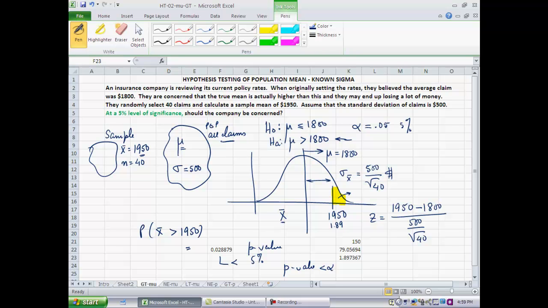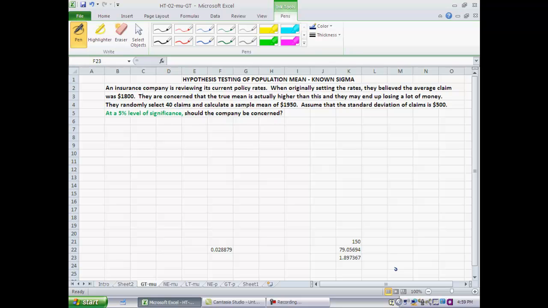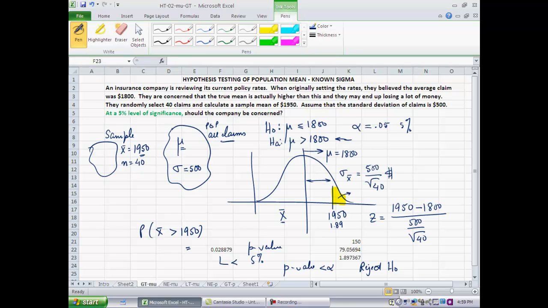So the final call that I will make is that I will reject H0, simply because the likelihood of seeing a sample statistic as extreme as the one I got, if the null were true, is very, very low. It's lower than my threshold of uncertainty that I'm willing to accept.